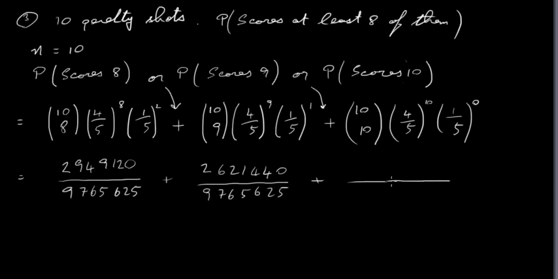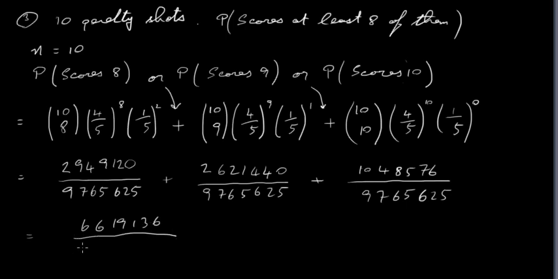And it's going to be something similar here. You do exactly the same. Over here you get 1,048,576 on top, and on the bottom 9,765,625 again. So three very big fractions, but you end up with 6,619,136 all over 9,765,625.